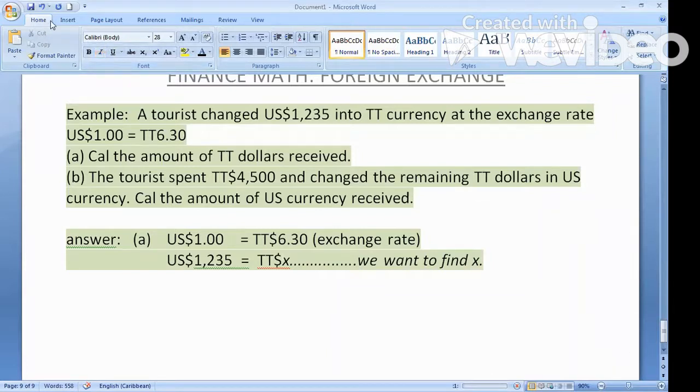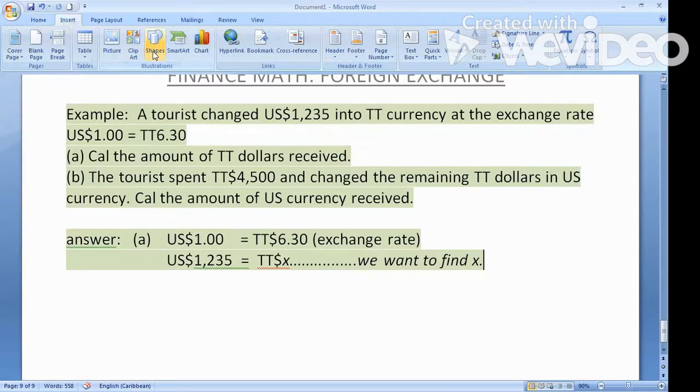This is what we're going to do: we are going to cross multiply. What does that mean?